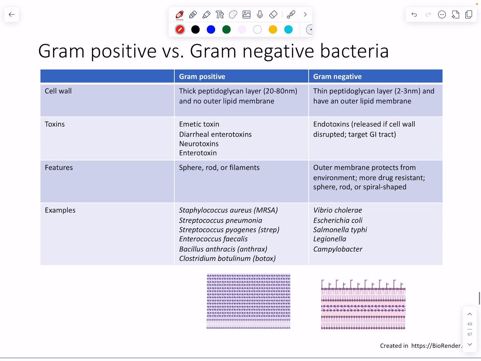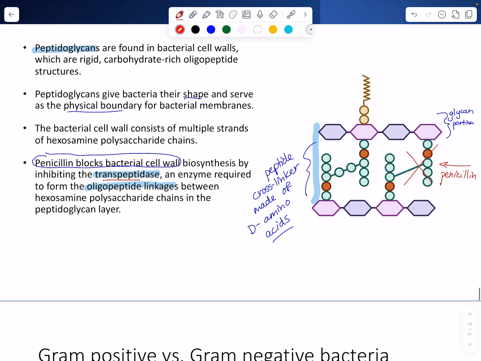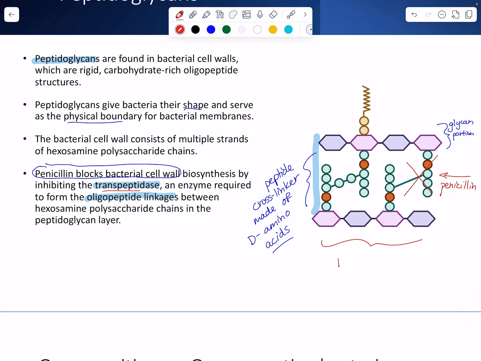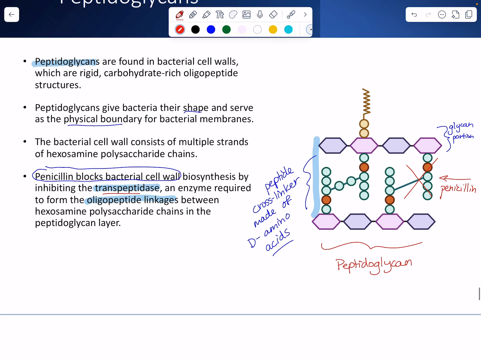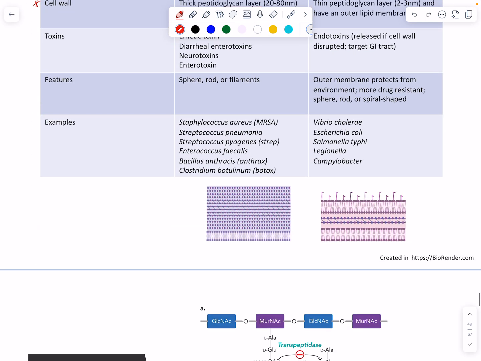So now we have these two things called gram-positive and gram-negative bacteria, and their cell wall is a really important difference between the two. So that's why we're talking about it here. It also has some interesting medical connotations for us. The cell wall in gram-positive has a really thick peptidoglycan layer. If we take this as our zoomed in version of peptidoglycan, and you have many layers of that, that's what this figure down here is.